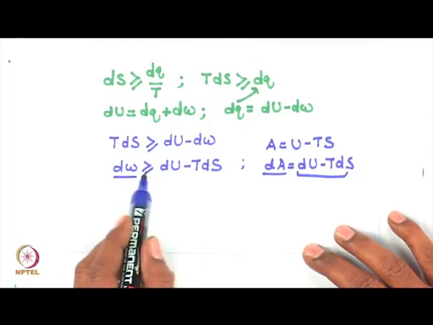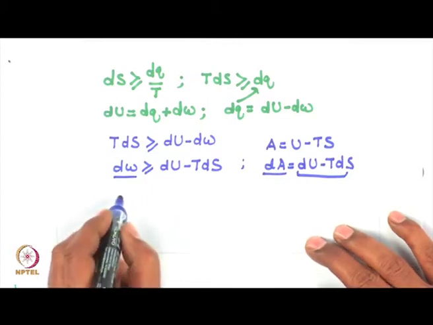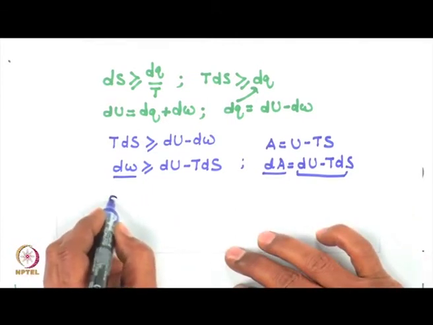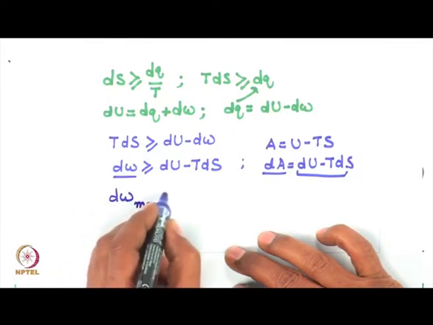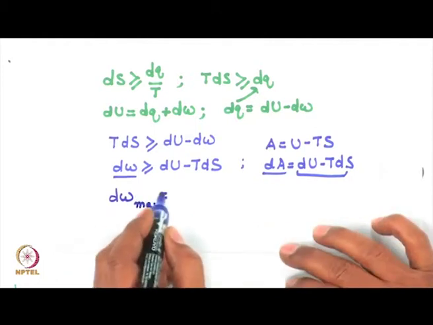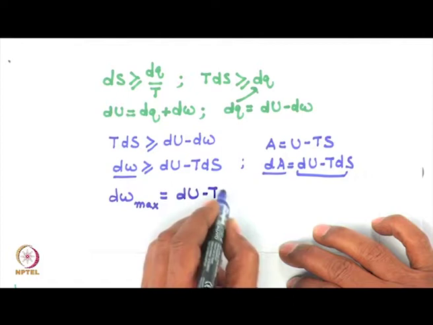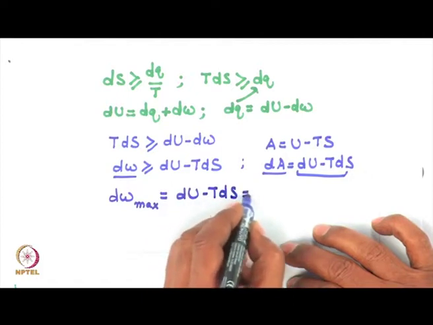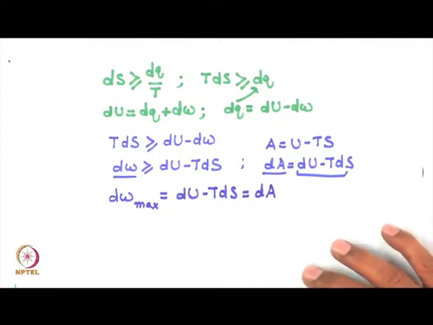Because if we use the greater than sign, then the negative value of dW will be reduced. And therefore, I will write dW max is equal to dU minus TdS, and this is same as dA, of course at constant temperature.